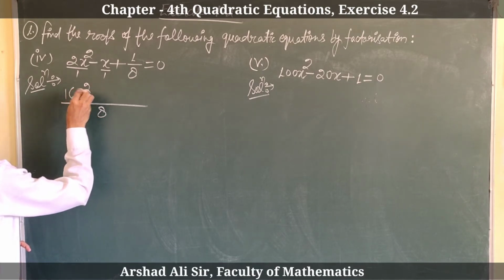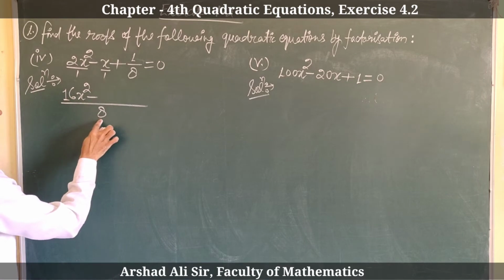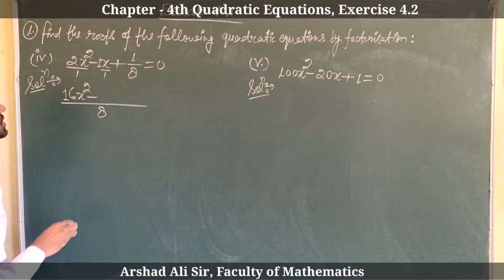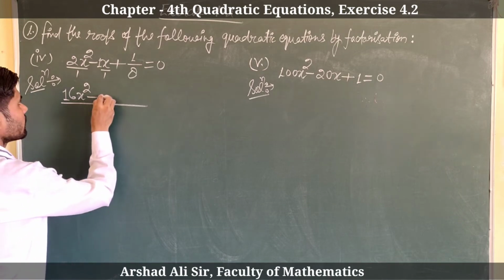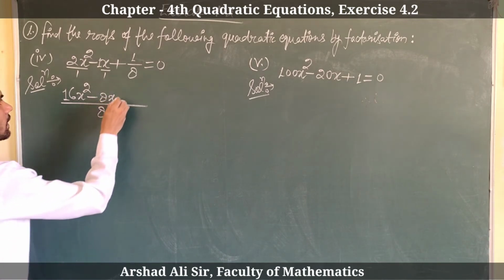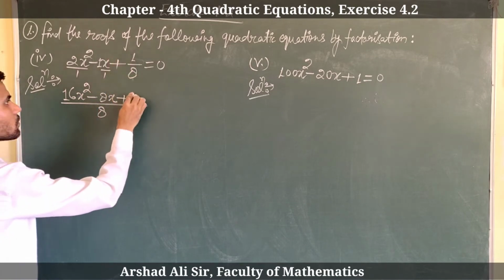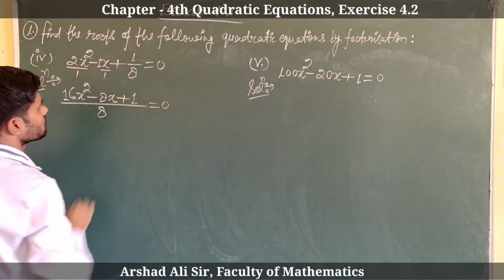This is 16x square minus 8 ones are 8 and 8 times x, this will be 8x plus 8 ones are 8 and 1 ones are 1 is equal to 0.